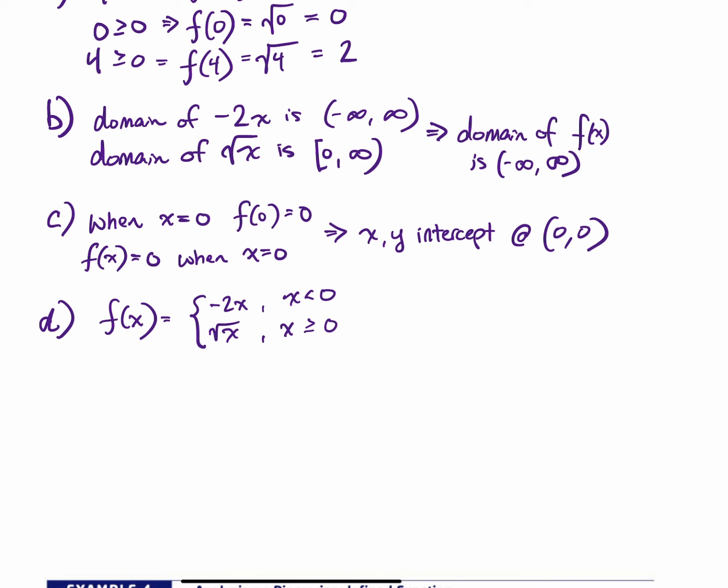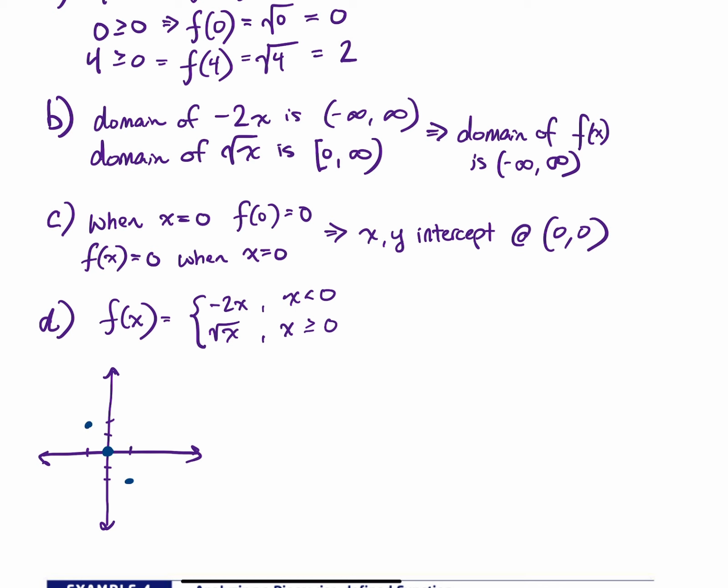Well, we can think about the graph of each of these separately. Negative 2x, that's a line with a y-intercept of 0 and a slope of negative 2. So we can imagine going down 2 and over 1, plotting another point, or going up 2 and over 1.